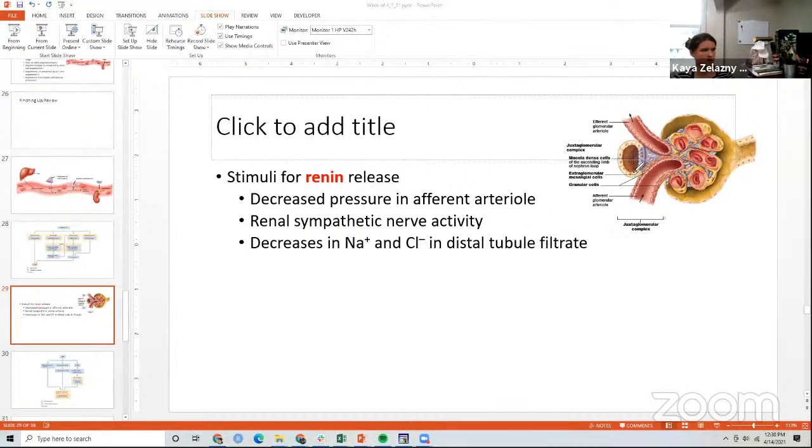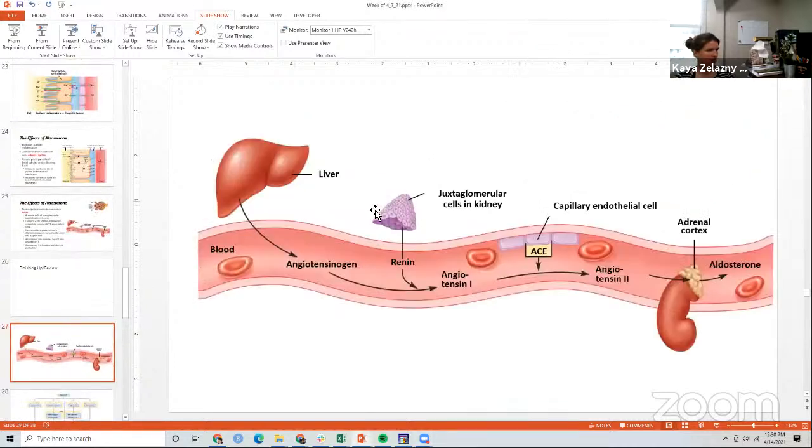Is that we're releasing our renin in response here to cells in the juxtaglomerular complex. Move a bit back here, right? They're on this slide as well. The juxtaglomerular cells in the kidney are directly releasing renin. So these three cell types are different from each other, but they are all kind of working together ultimately.